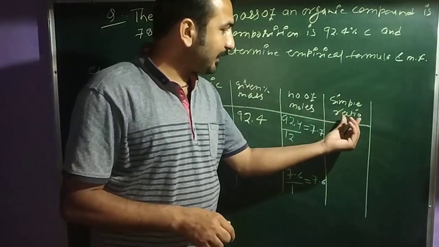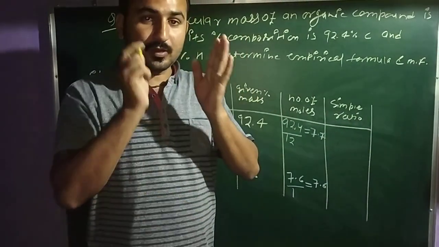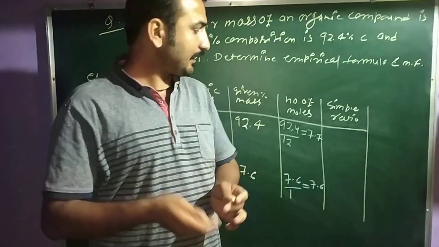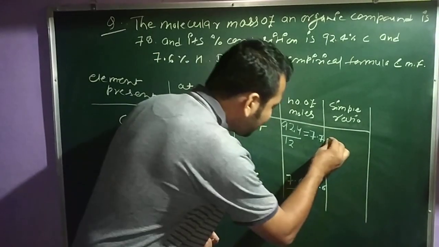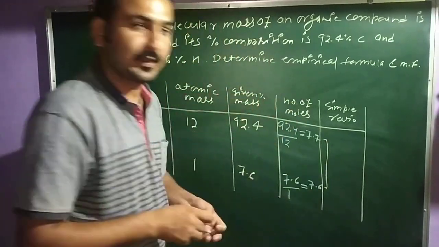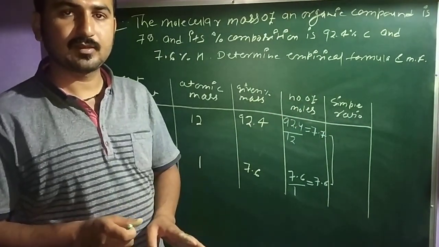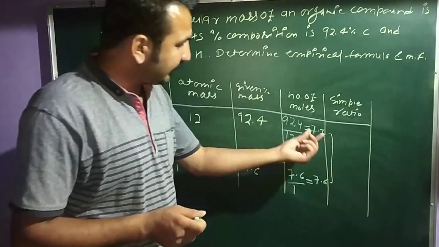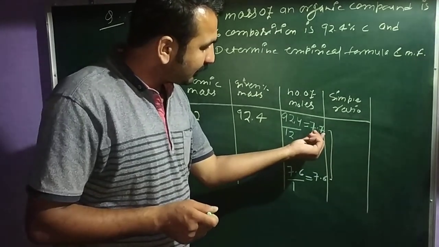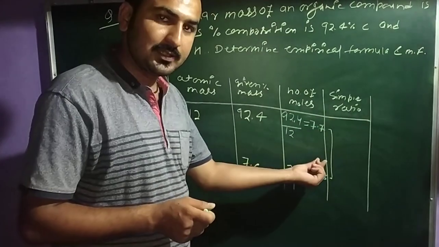Now here we find the simple ratio. For the simple ratio, we find the smallest digit in the number of moles and divide both by this smallest digit.